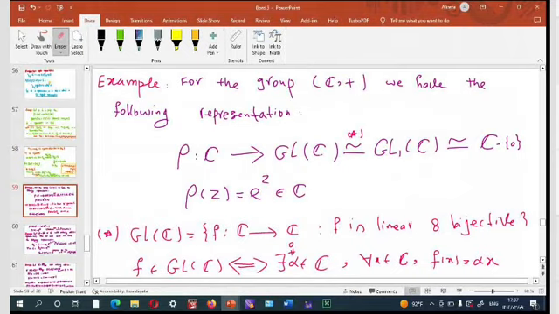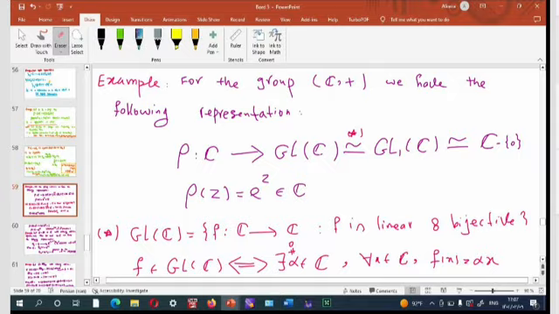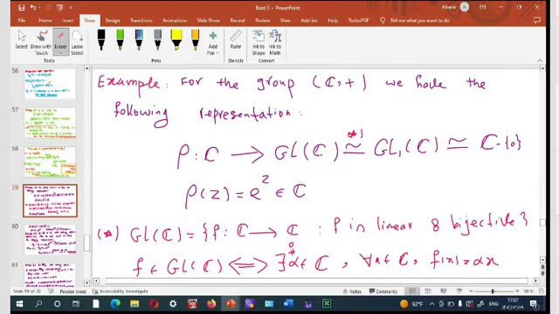For the group C, complex numbers with the ordinary addition operation, we have the following representation: rho from C to GL(C), that we know is equal to the set of all non-zero one-by-one matrices with complex entries, and this is equal to C minus 0.